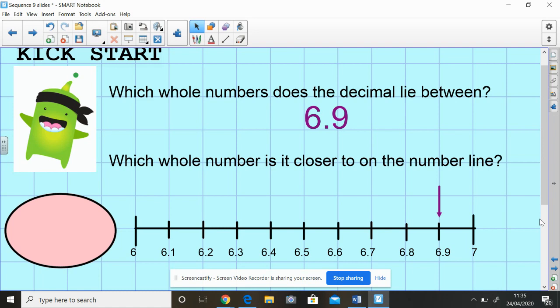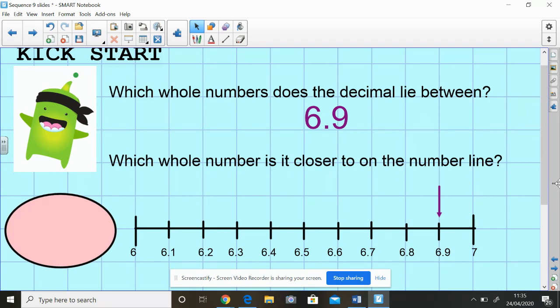Or is it 1, 2, 3, or 4? If it is 1, 2, 3, or 4, you know you have to go down to the nearest whole number. And if it is 5, 6, 7, 8, 9, we have to round it up to the nearest whole number. To help you do this, you might want to draw a number line, and then you can clearly see which number it is closest to. Or you might want to do it in your head by using your knowledge of rounding.